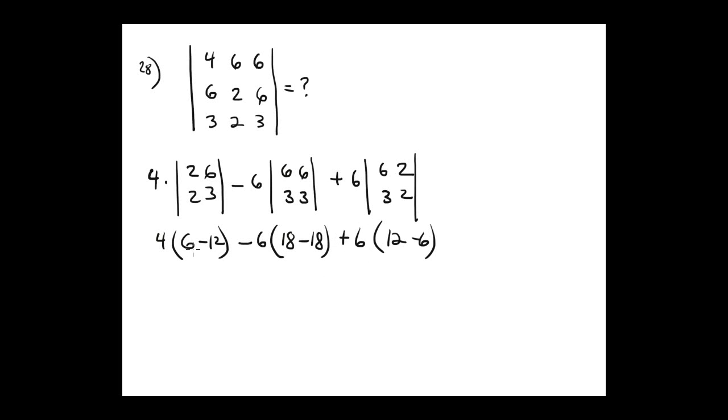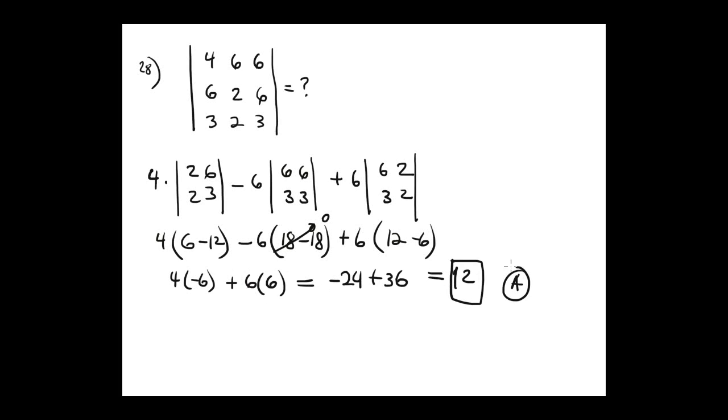Okay, we have here negative 6, 4 times negative 6 is negative 24, this is 0, this is nothing, plus 6 times 6 is 36, so negative 24 plus 36 is 12. Okay, corresponding with option A in our handout.